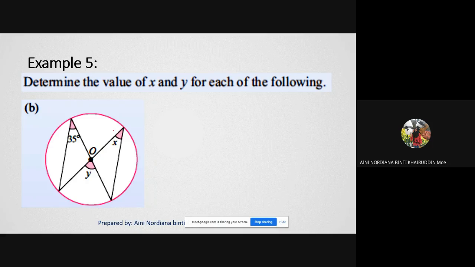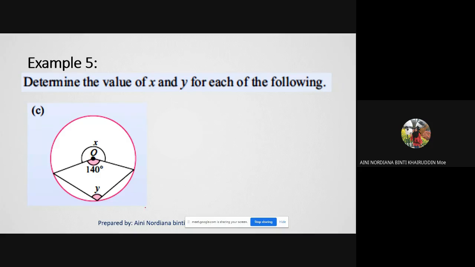The value of X, ini you dah belajar semalam. So X equals to 35 and Y is the angle at center. So 35 times 2, Y equals to 70. Okay, this question that I showed you just now.